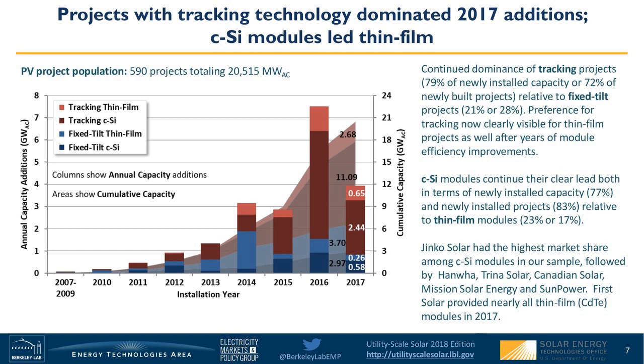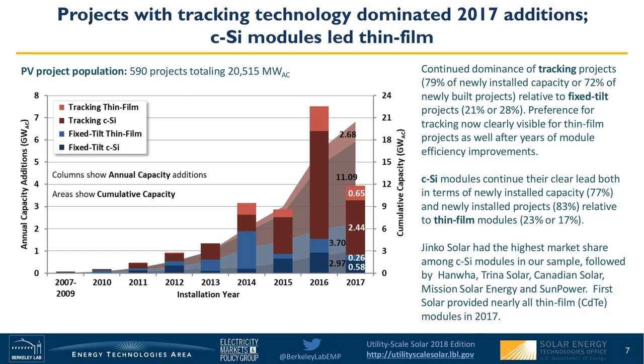And crystalline silicon modules have a clear hold of the market as well, with nearly 75% of the newly installed projects, or 83% of the newly installed projects. So this is just an overview of the two basic types of technology.